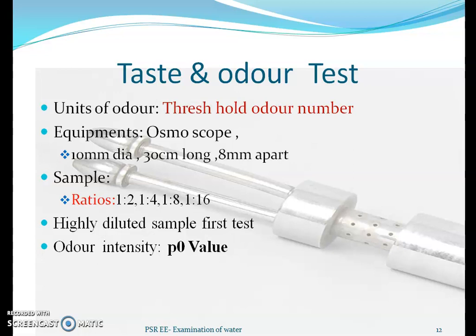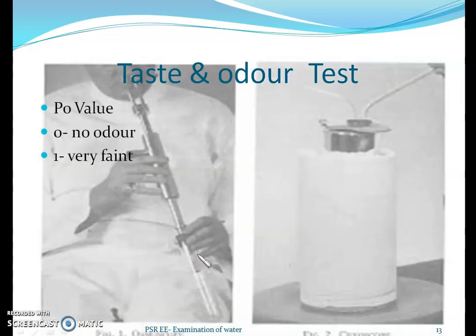According to that comparison with fresh water, we find out what we call the odor intensity, written as PO, with the O as a subscript. This is how it is tested.